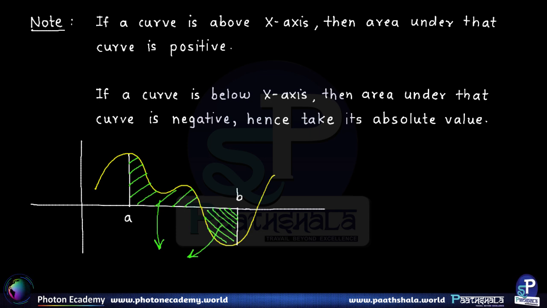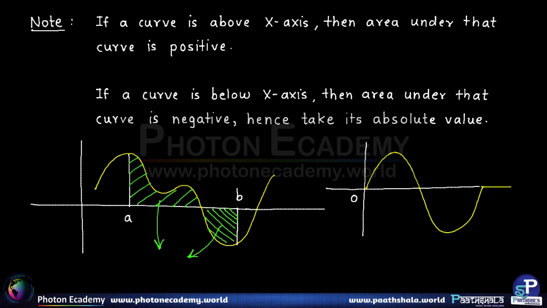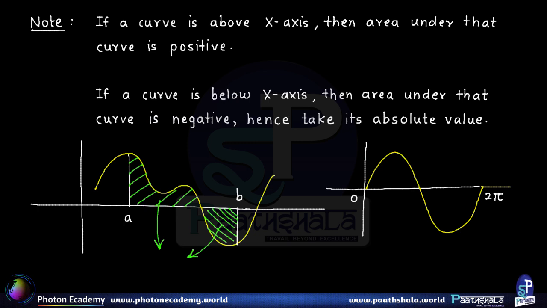So if you want one more example, if we consider say a sine curve, okay, so we know that the sine wave looks like this. Suppose we want to integrate it from 0 to 2 pi, that is we want to find the area below the sine curve from the limits 0 to 2 pi. Now we will see that whichever is the area that lies above the x-axis will be positive, and exactly the same area lies below the x-axis, which is negative.